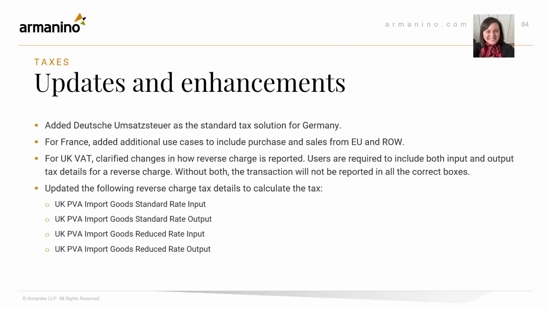Users are now required to include both input and output tax details for a reverse charge. Without both, that transaction will not be reported in all of the correct boxes. And also in the UK, some other updates to the following reverse charge tax details to calculate the tax for UK PVA import goods standard tax rate input and output, and then for the import goods reduced rate input and output as well.